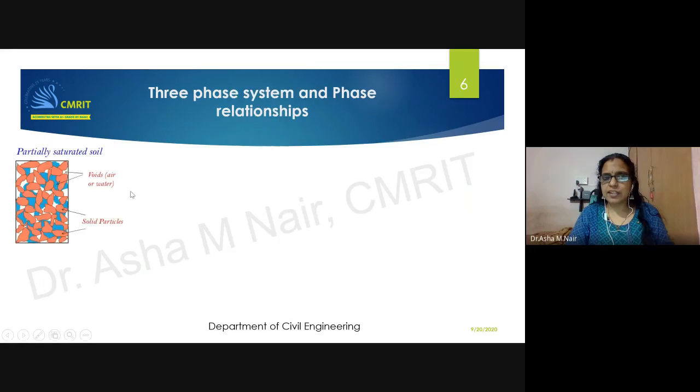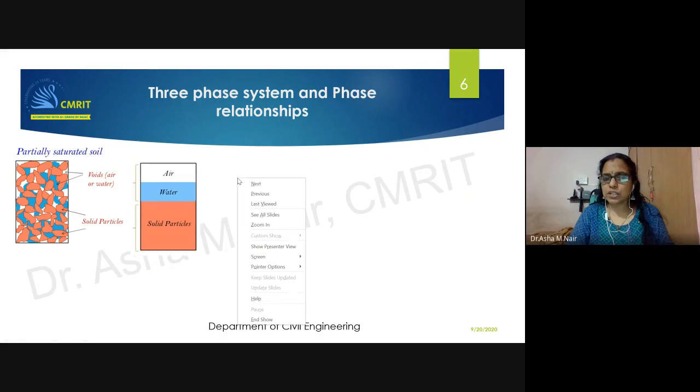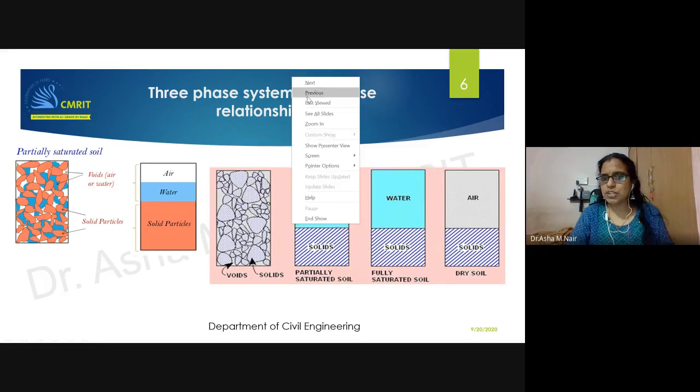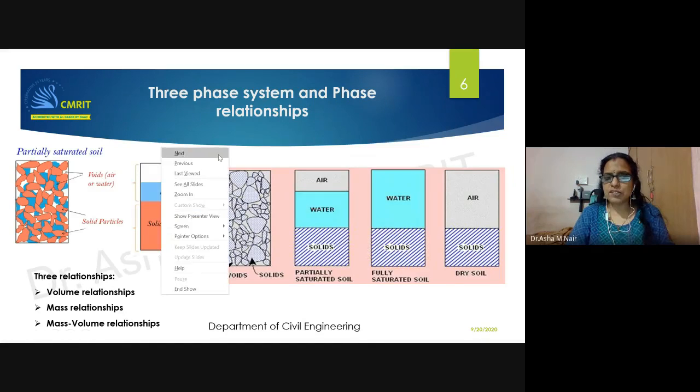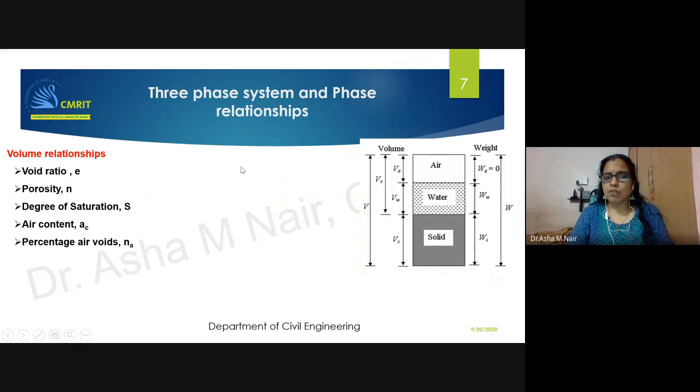And once again, the phase diagram, please be very clear with respect to the basic fundamental equations. What are the fundamental equations? Void ratio, porosity, degree of saturation, air content, as well as percentage of air voids.